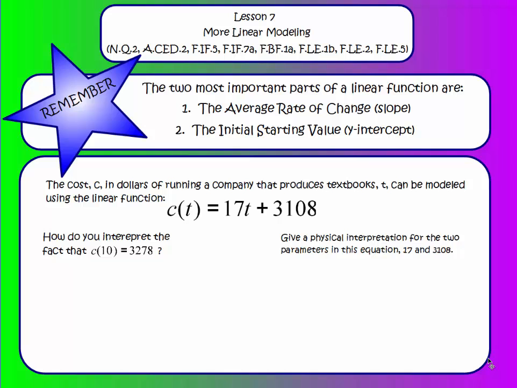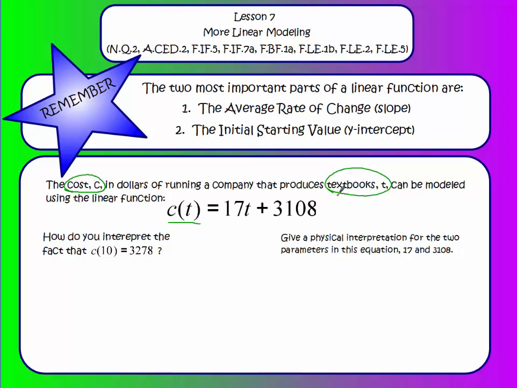The cost, C, in dollars of running a company that produces textbooks, T, can be modeled using the linear function C of T, again, that notation is C of T, and that equals 17t plus 3,108. So C stands for the cost, and T stands for textbooks.